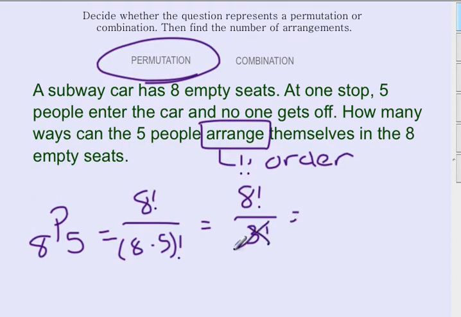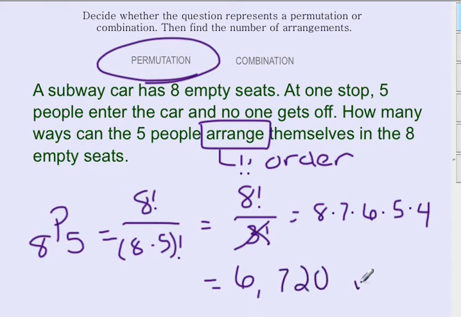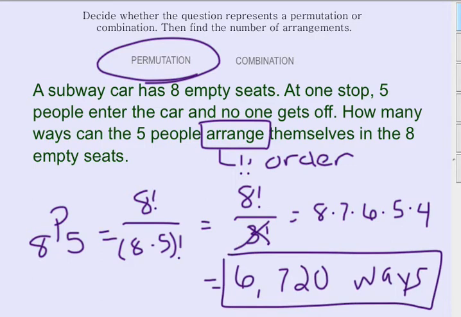So everything from 3 on down is going to be taken care of. So I'm going to have 8 times 7 times 6 times 5 times 4. And then I'm going to multiply all of that out. So when I do that, 8 times 7 times 6 times 5 times 4, I end up getting 6,720 different ways that they can arrange themselves in those seats.